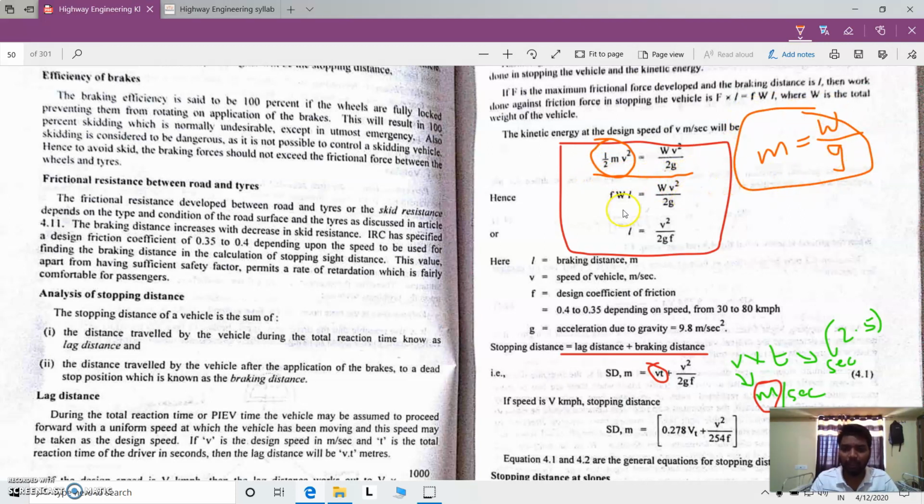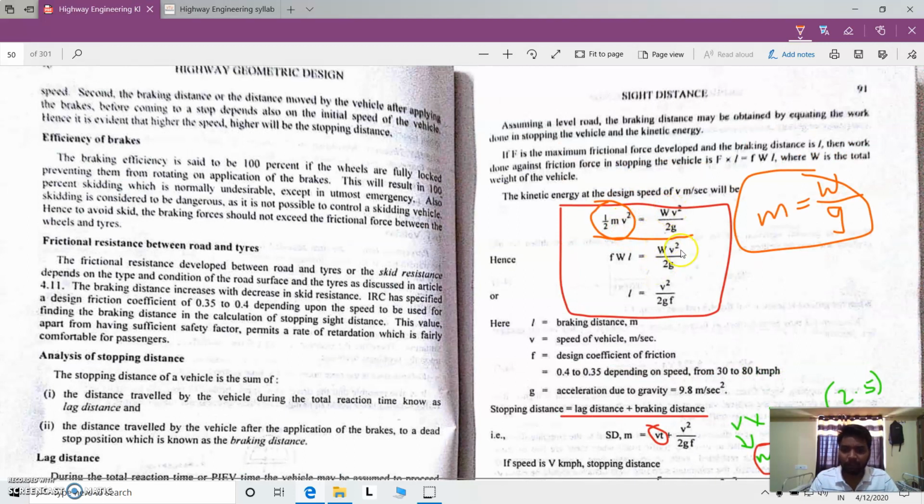Apart from this, we have converted our kinetic energy to W v square by 2g. But here we are equating this equation to friction, because whenever the vehicle is traveling with a speed and applies the brake, we have to consider the friction coefficient value. That friction value is considered as a stopping factor.